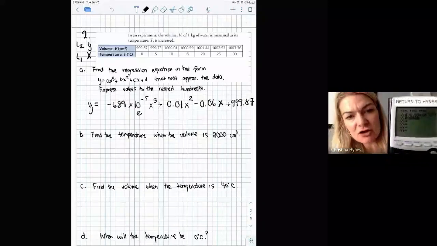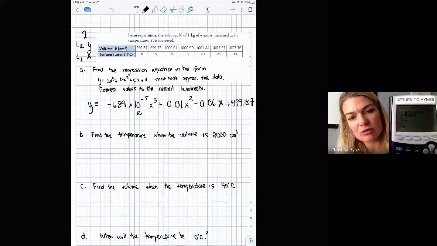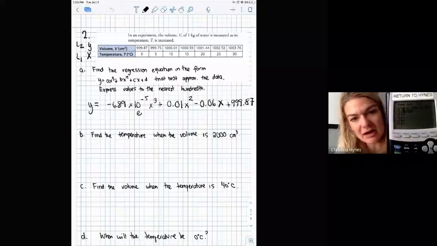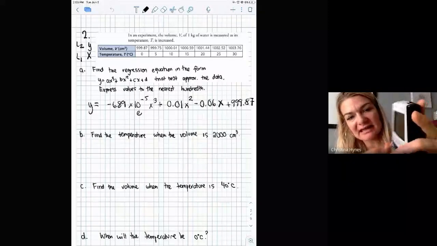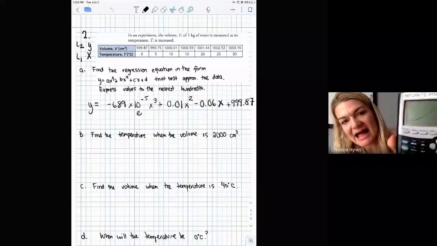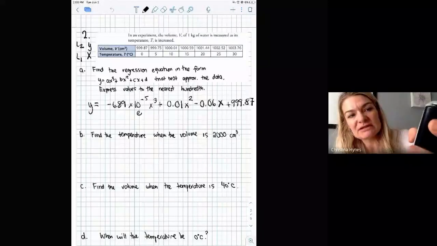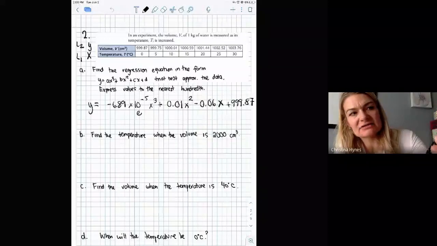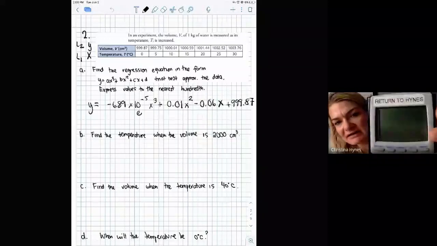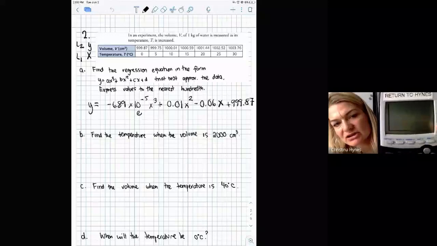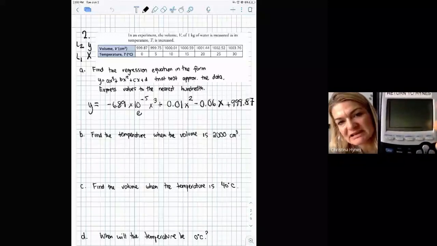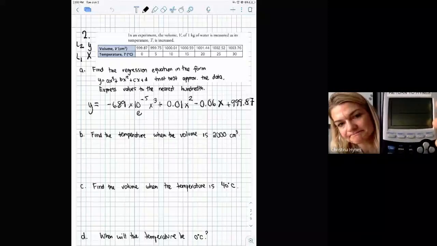Whatever volume they give you, that's my Y coordinate. So I'm putting 2000 into my Y2 value and then graphing it. If I adjust my window to go from maybe 999 to 3000, I'll be able to see more of it, right? So if you look, I had to adjust my window to be able to see volume of 2000. So there's 2000.